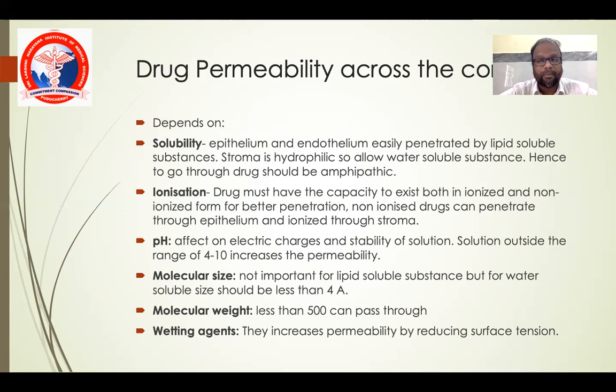A substance with a molecular weight of less than 500 can pass through the cornea. Wetting agents can also increase the permeability of the cornea by reducing the surface tension.